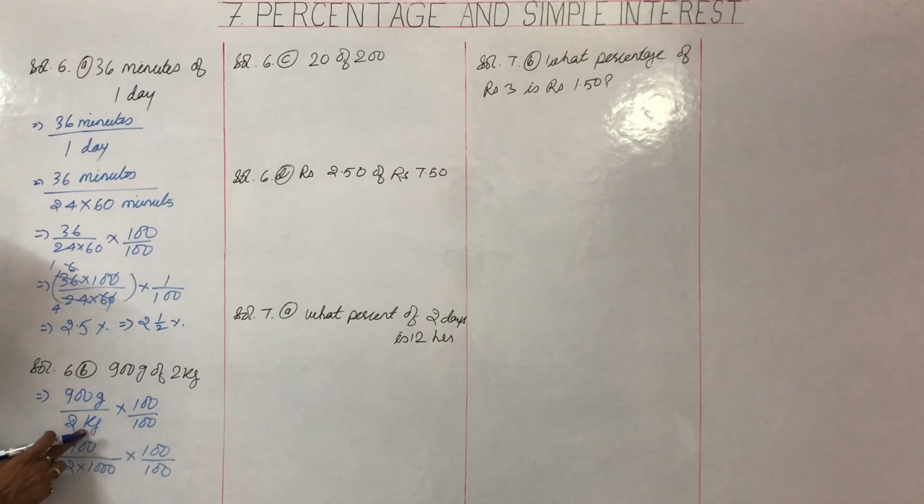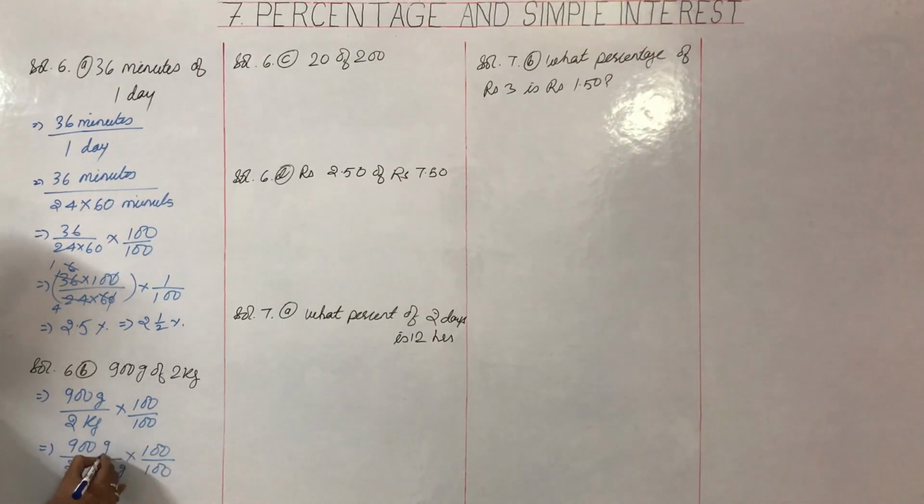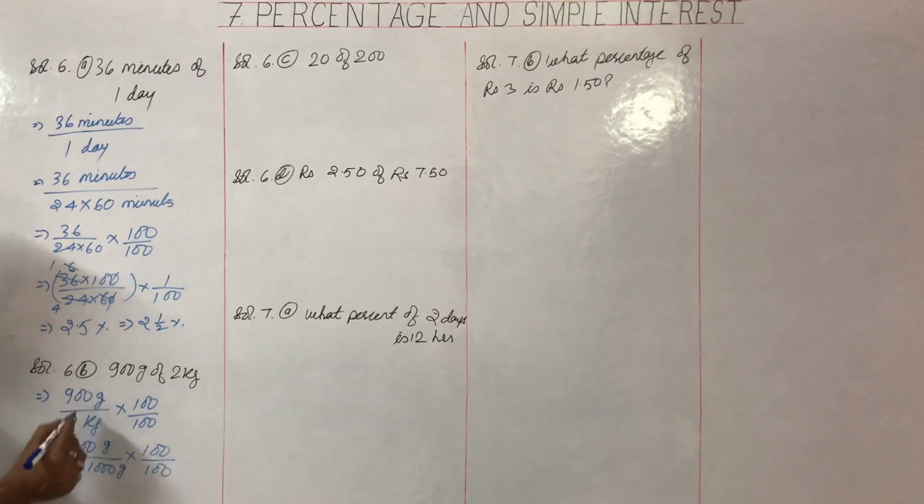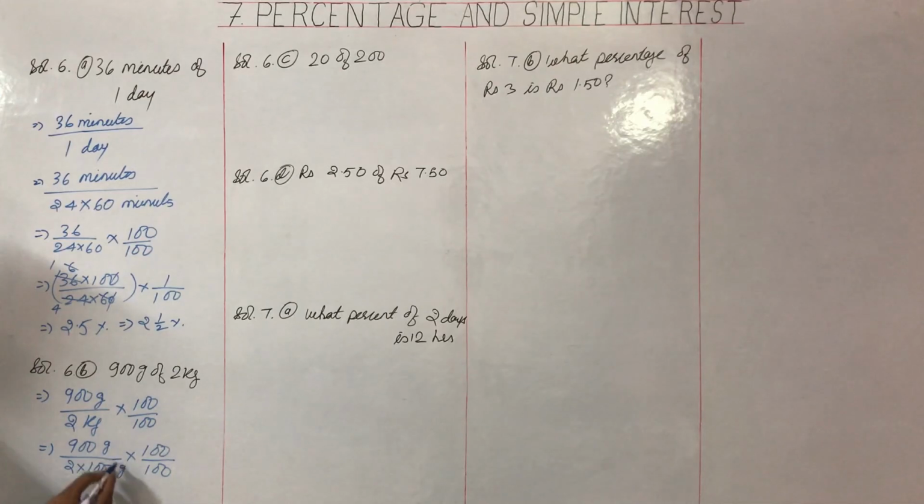2 kg means K for kilo, kilo means 1000, so 1000 grams. So 900 grams by 2 kilograms, or 2 into 1000 grams. Now the unit is same. So 1 and 2, 1 and 2, 1 0 with 1 0. Now 90 by 2 is 45 and the remaining 1 by 100 becomes percent.